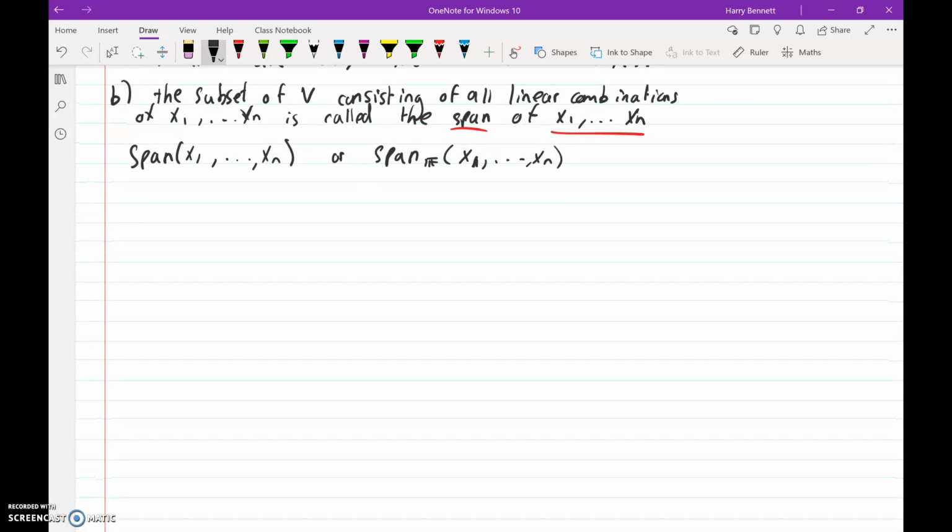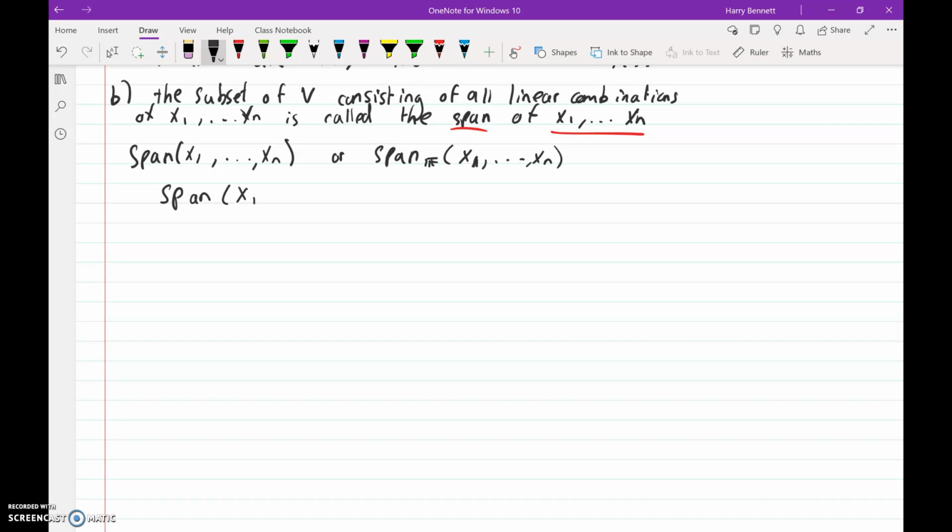And in set theory terms, or other notation, the span of x1 up to xn is the set of a1 x1 plus ... plus an xn, such that a1 up to an are elements of our field. So that's what the span is of an arbitrary set of vectors.